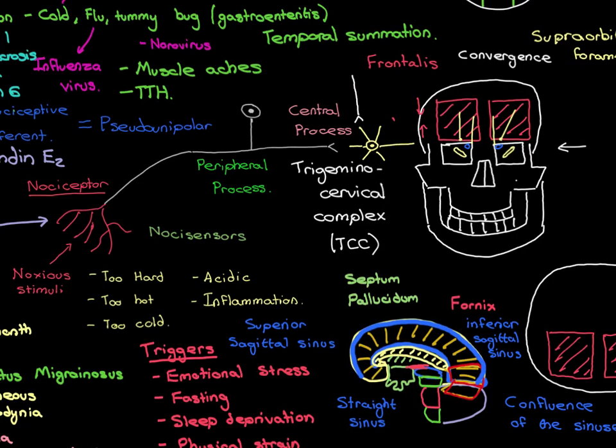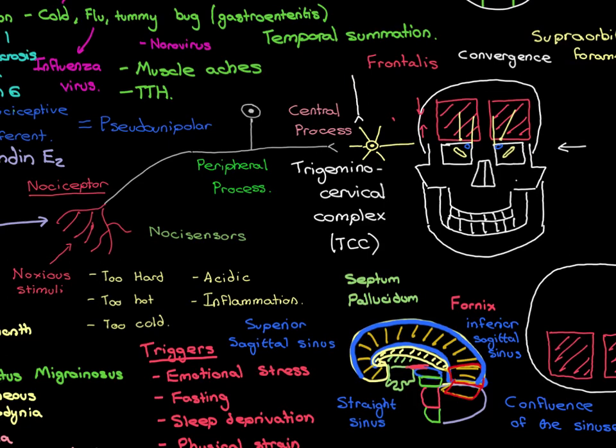And indeed, that's the way it works. Meningeal primary nociceptive afferents often end up synapsing onto the same second-order neurons that are also being synapsed onto by primary nociceptive afferents from peripheral extracranial sites.